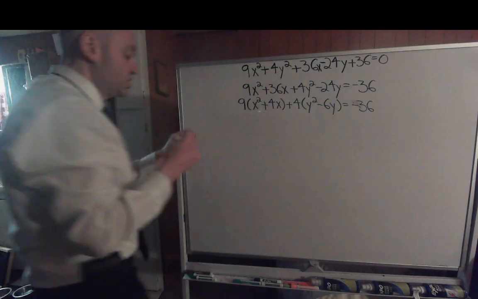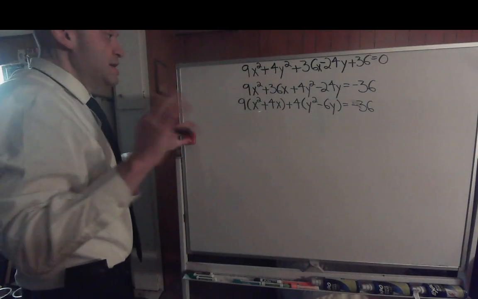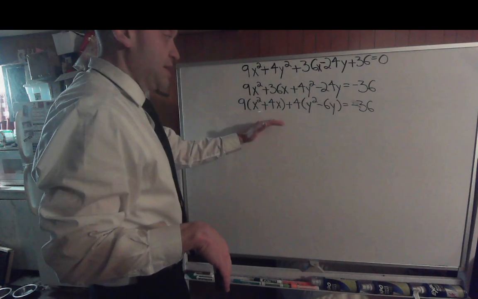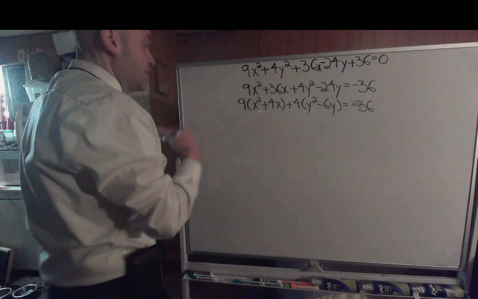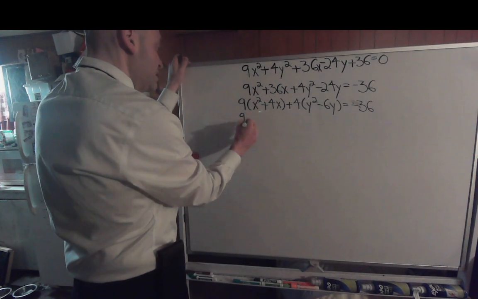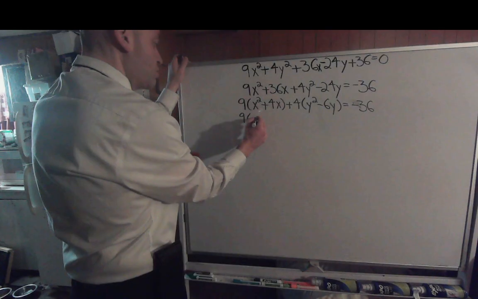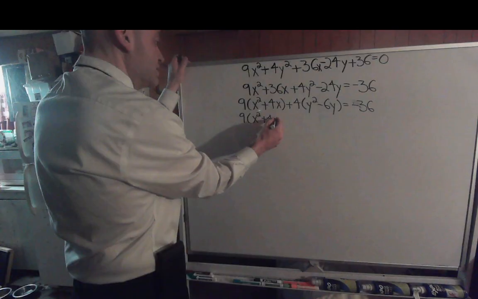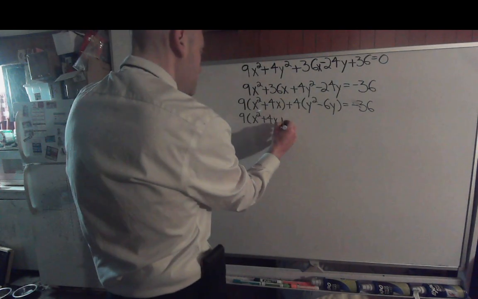Alright, so next step is, again, like before, we want to complete the square. So you'll take 9 times x squared plus 4x, and then completing the square you would have a plus 4.